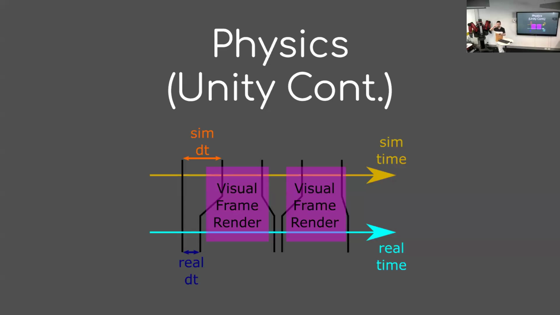Now, this can be a problem if you're trying to control the robot. If in the time that it's rendering a frame, your control code decides, okay, I need to turn right for 1/4 of a second, then all of a sudden the engine finishes rendering its frame and then quickly processes physics for 1/2 a second.